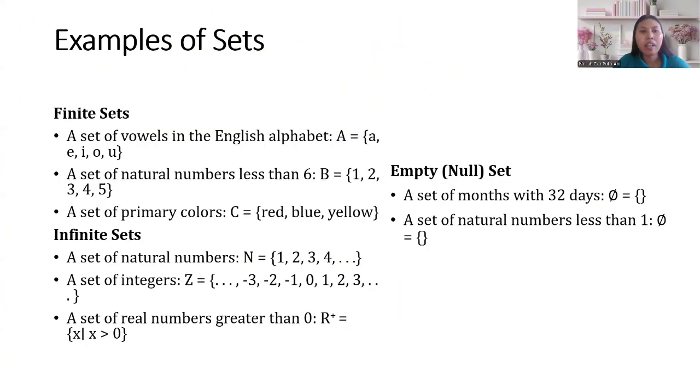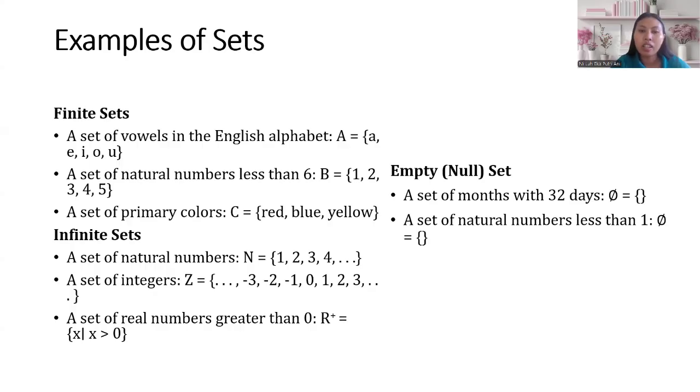Next, I have examples of sets. Some of the common examples of sets are, one, finite sets. For example, a set of natural numbers less than 6: B equals the set {1, 2, 3, 4, 5}. A set of primary colors: C is the set {red, blue, yellow}.